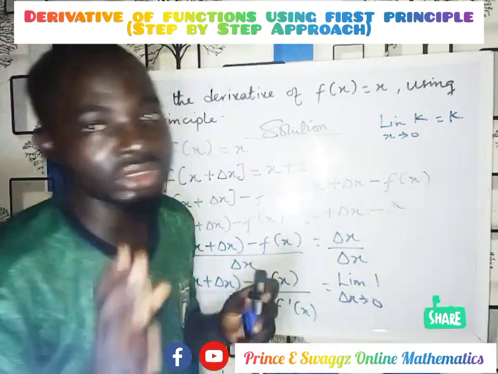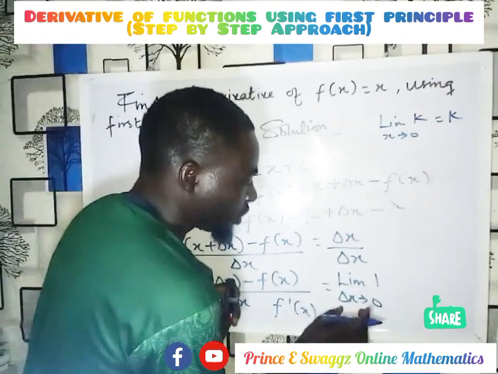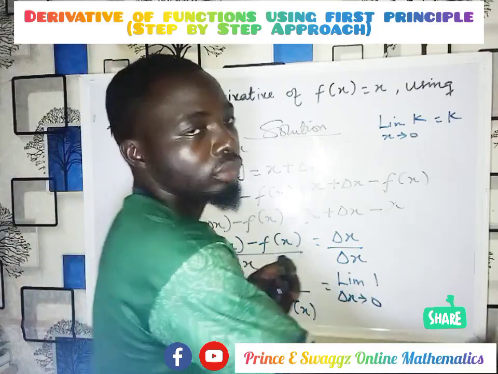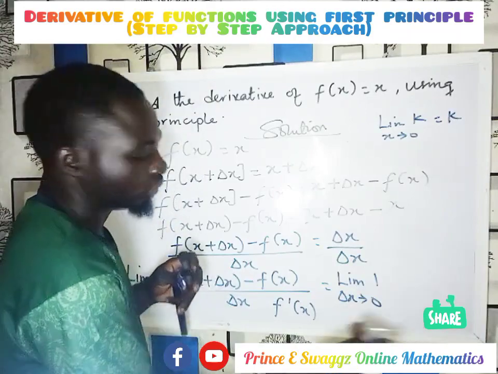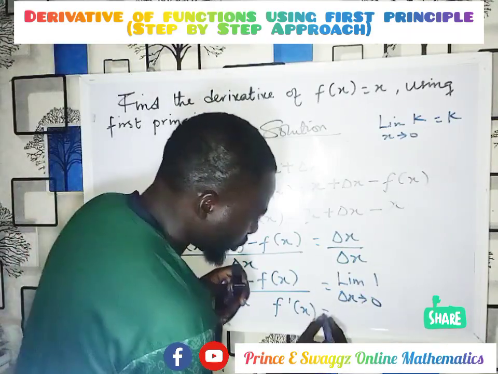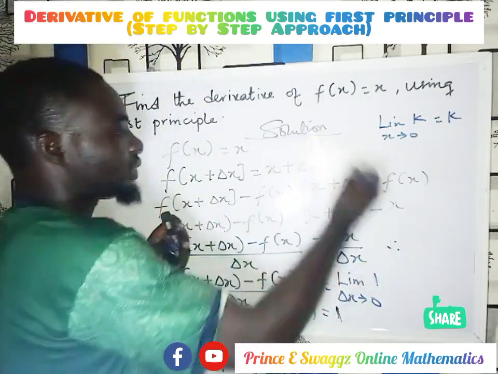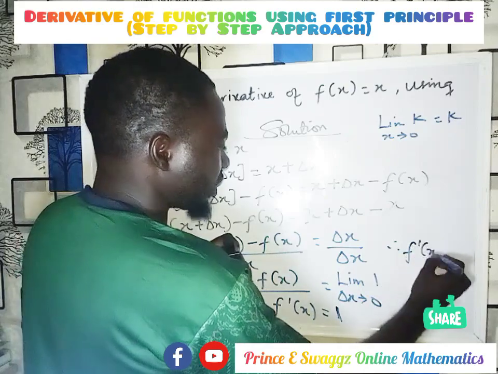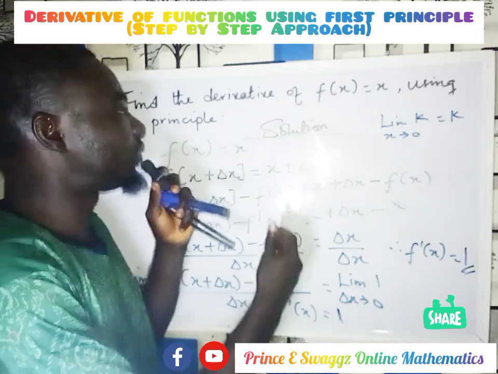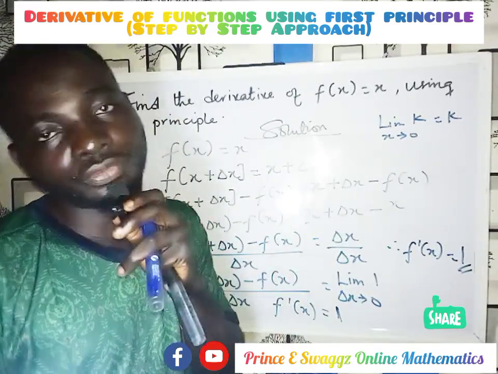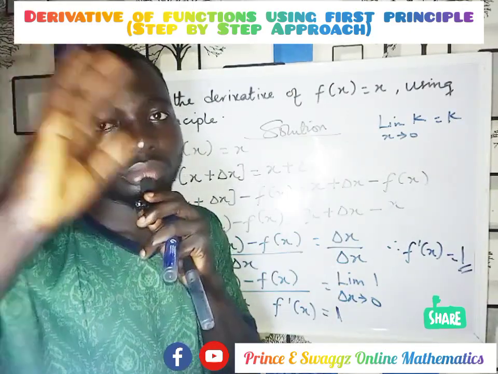So the limit of any constant gives us the constant back, because there is no delta x in this expression to replace. So the value of this is 1. Therefore, the derivative of this function, f prime of x, equals 1. That is how to find the derivative of a function using first principle. Bye bye.